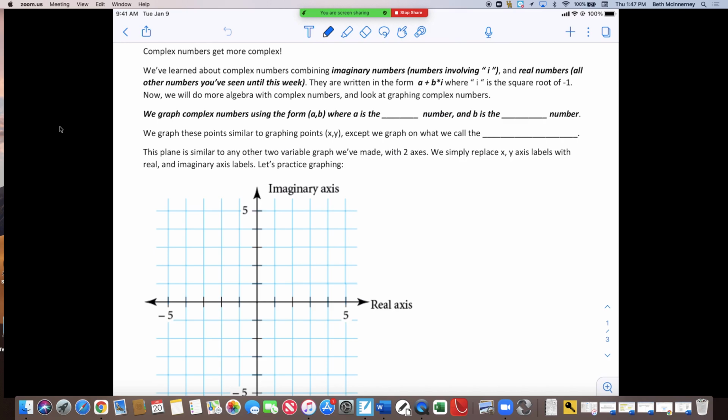And this is going to sound confusing, but I want you guys to think of this very similarly to how we've been treating graphing points in an xy plane, okay? So we're going to graph complex numbers, and we're going to use this notation, a comma b, where a is going to be the real number, and b is going to be the imaginary number.